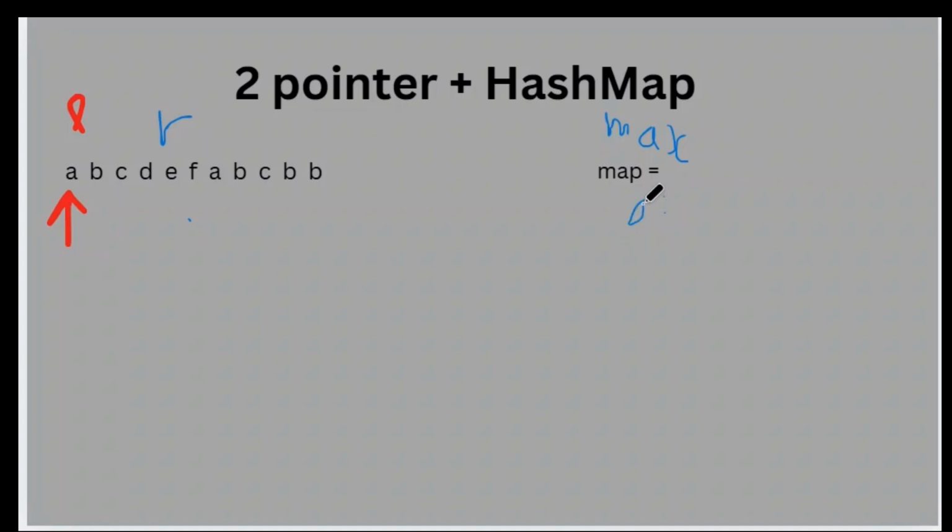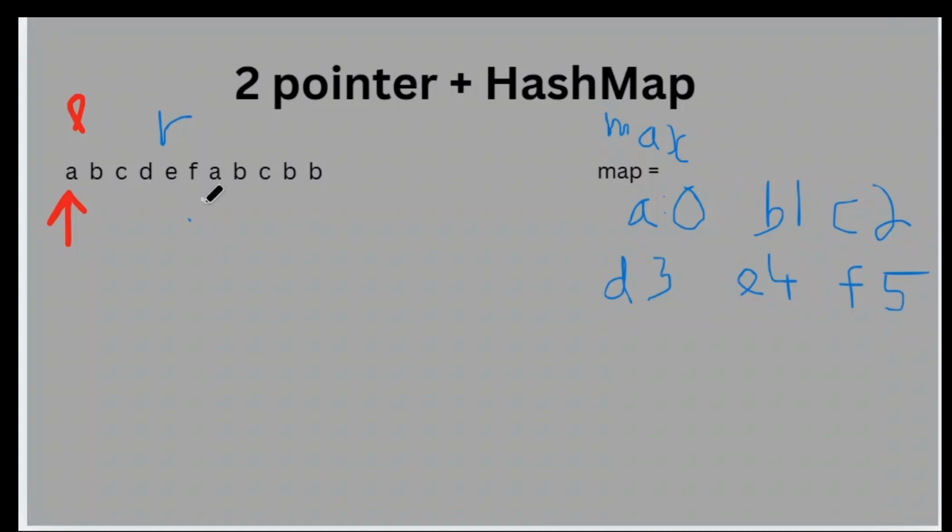So initially the map stores the first character a as 0, then right is incremented, then it stores b as 1, then right is incremented and points towards c, and c is stored as 2, then d as 3, then e as 4, then the right pointer points towards f, so f is stored as 5.